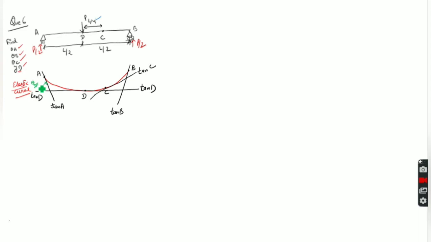This is my tangent D and this is tangent B. So the angle between these is theta BD, and between tangent C and tangent D, theta CD, right? Now why am I making all these angles with respect to tangent D? I have shown this angle of tangent A from D, then of tangent C with D, then tangent B with D. So why have I taken D as the relative tangent?